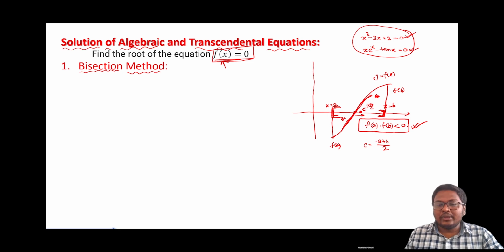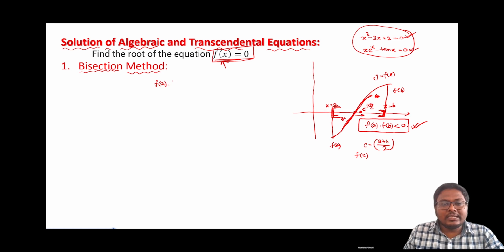Whenever we get C, we can find the functional value at C. We know that a function has a root in the interval a, b if the multiplication of f of a into f of b is less than 0.